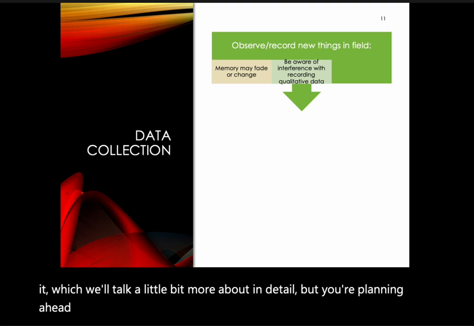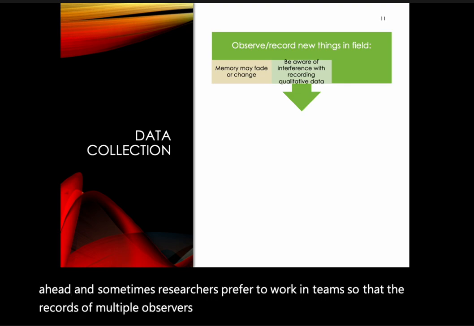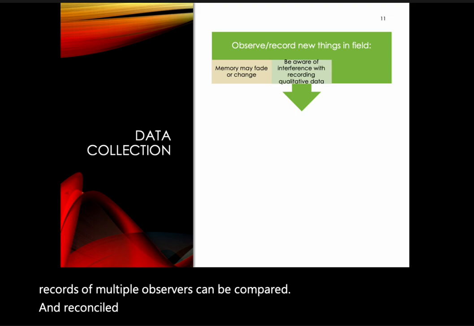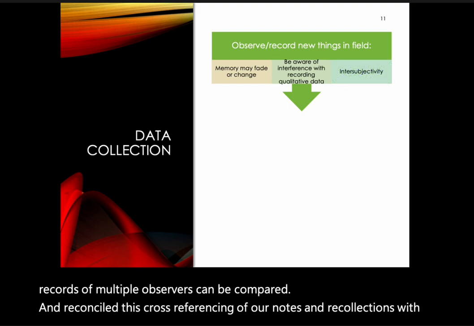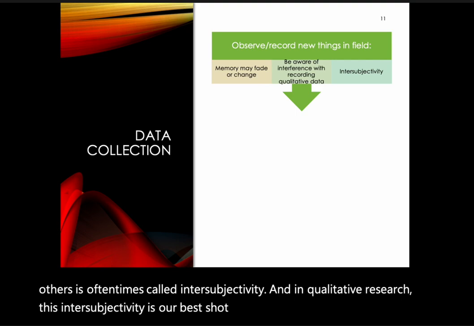And sometimes researchers prefer to work in teams so that the records of multiple observers can be compared and reconciled. This cross-referencing of our notes and recollections with others is oftentimes called intersubjectivity. And in qualitative research, this intersubjectivity is our best shot at objectivity in the research that we're gathering.